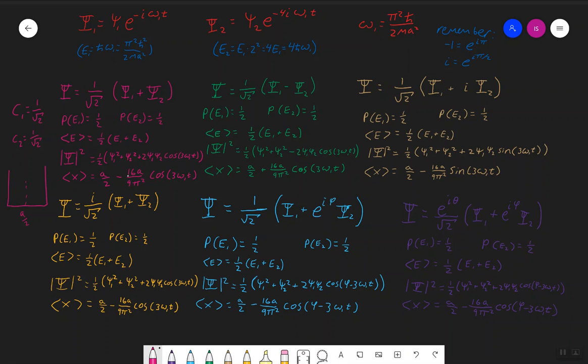And the amplitude of this oscillation is 16a over 9 pi squared, which ends up being about 0.18a. So if I were actually to show the oscillation, and again, this is the expectation value of x, it would be probably between these two points that the expectation value of x oscillates.